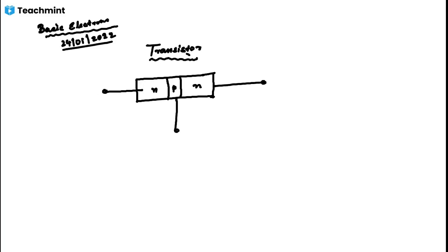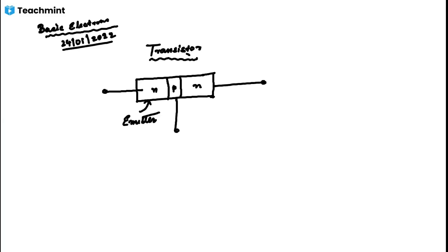It is called the emitter. Why is it called emitter? Because this section on one side supplies charge carriers, that is electrons or holes. That's why it is called emitter.